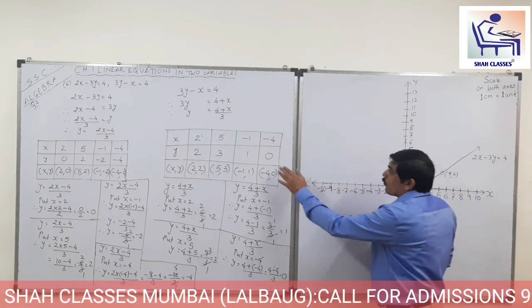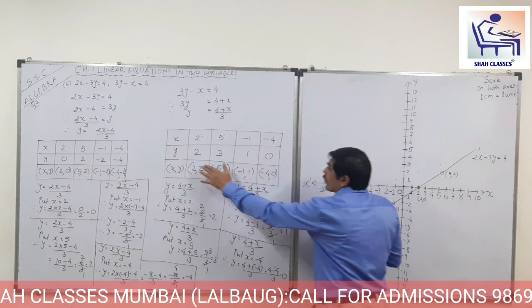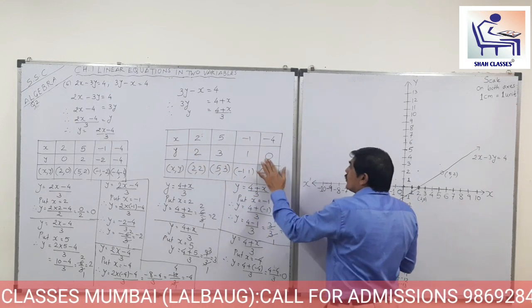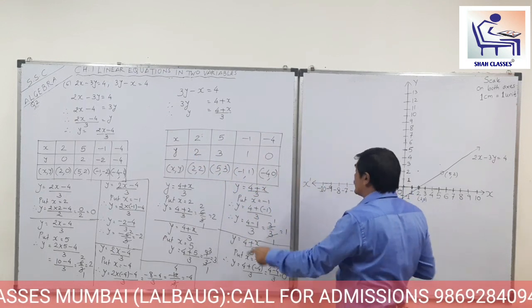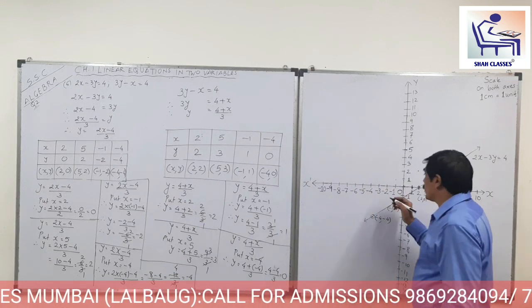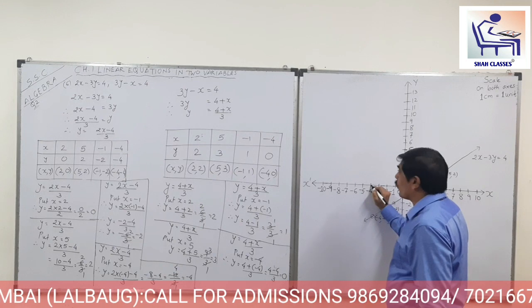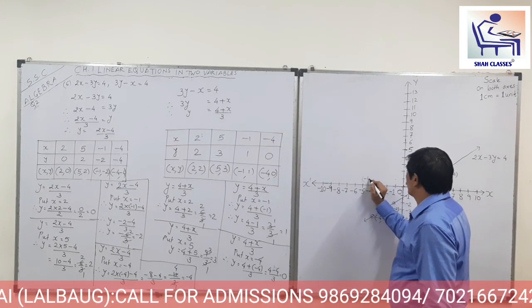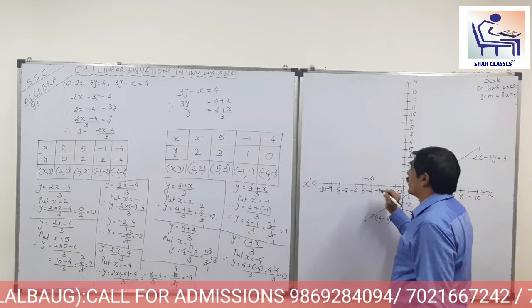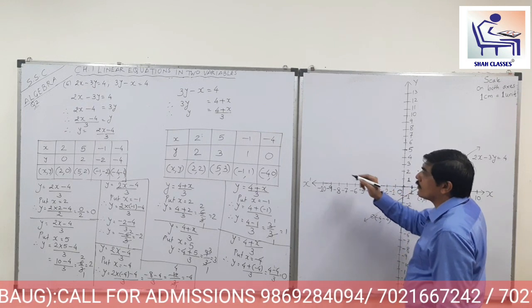Whenever your y coordinate is 0, your point lies on the x-axis. Here we are getting this minus 4, 0. Now we have to join these points.